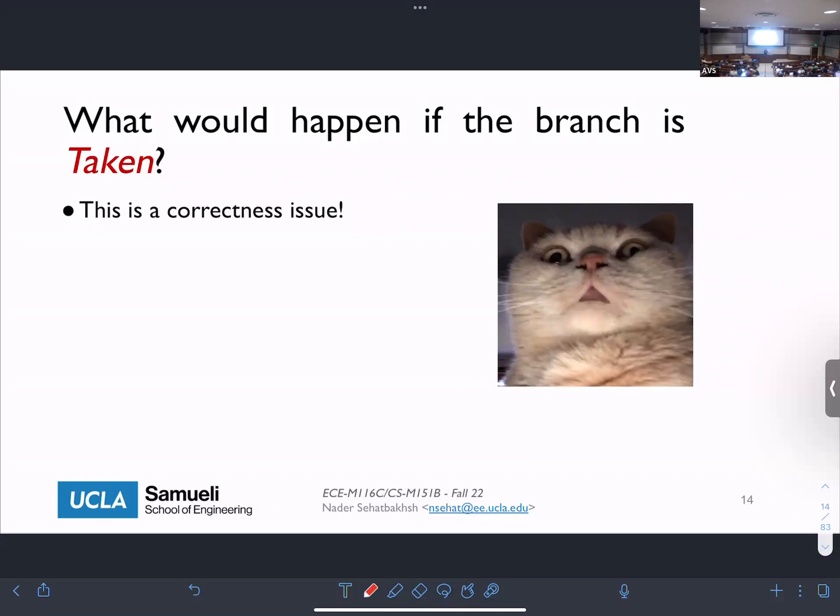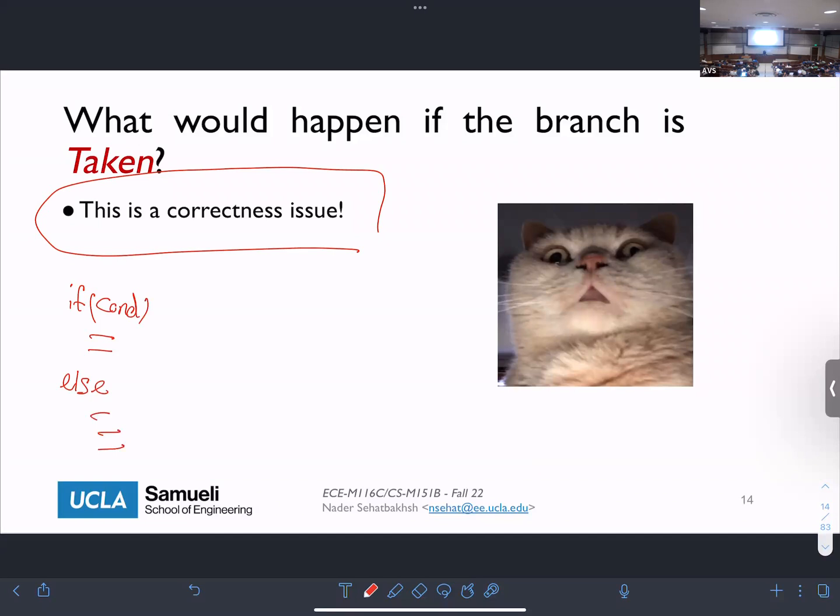We thought this is not taken, but it's actually taken, or the other way around. So we need to think about what we should do. This is a very serious problem because it is a correctness issue. For example, imagine that you are writing your code with if some condition, then do this, else do something else, and your condition is true, so you're expecting that your branch is taken.